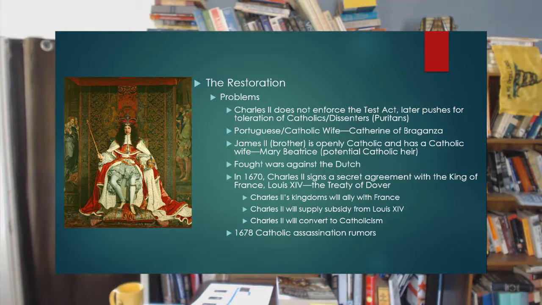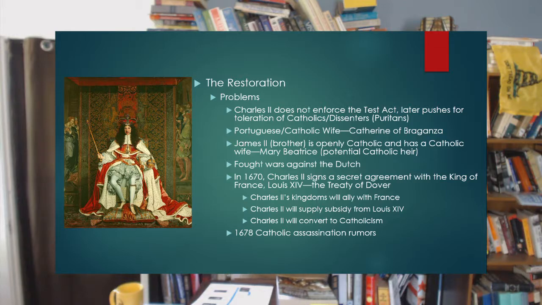He fights wars against the Dutch on the side of France. The Dutch Republic is a Protestant nation. France is Catholic. So if you're a Protestant in England, you feel like Charles II is always siding with Catholics. And Charles does sign a secret treaty with Louis XIV called the Treaty of Dover.